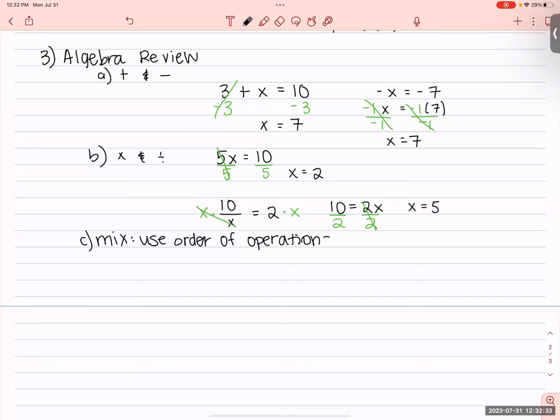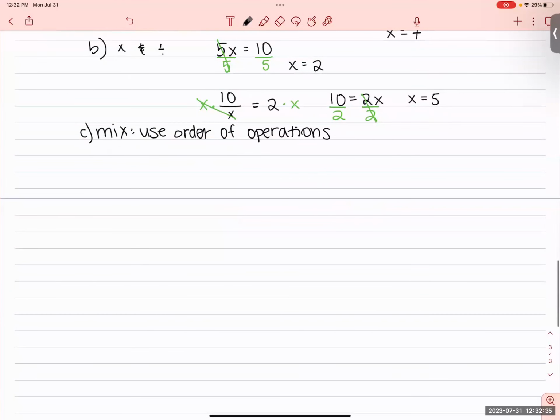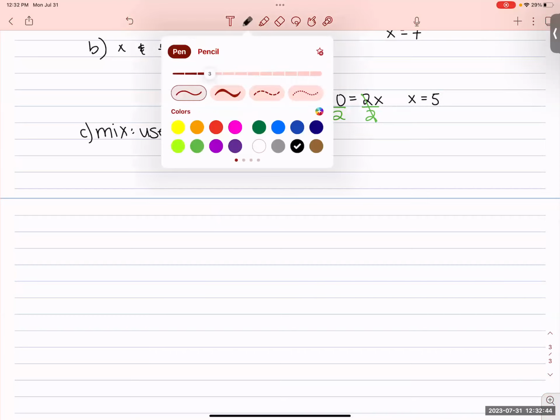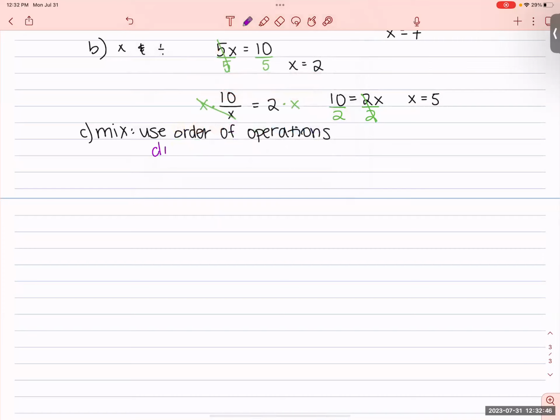The one mix I do want to talk about that we encounter a lot is the distribution method. Distributing. So if I have, I'm using really simple numbers here, 2, 1 minus x, and I want to break this down.